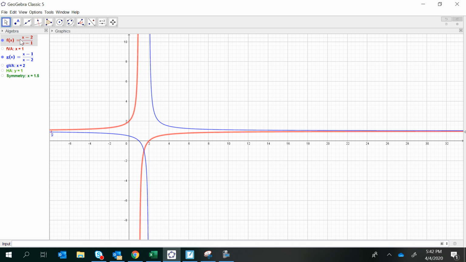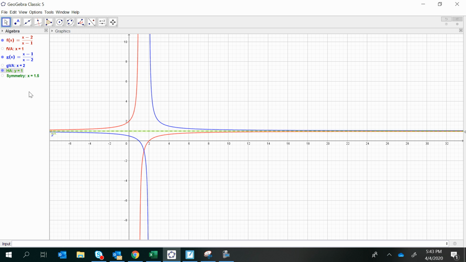As you can see, I have the function f graphed in red and the function g graphed in blue. And you can tell that there is symmetry right across this horizontal line too. The horizontal line is the horizontal asymptote of both functions, because the degree of the top and the degree of the bottom are the same in both cases, which means they have a horizontal asymptote at the ratio of the two lead coefficients.